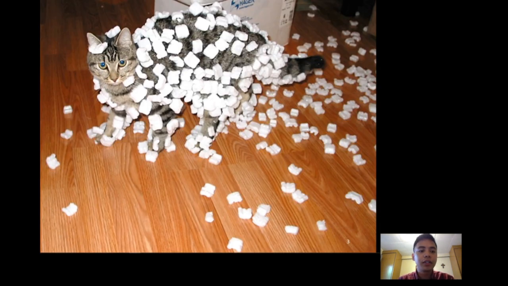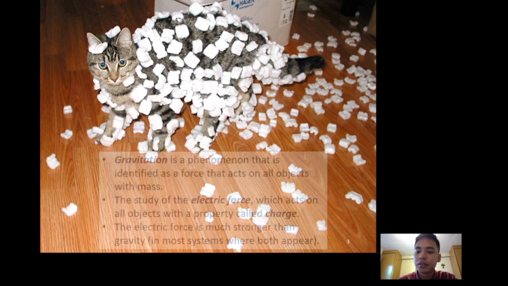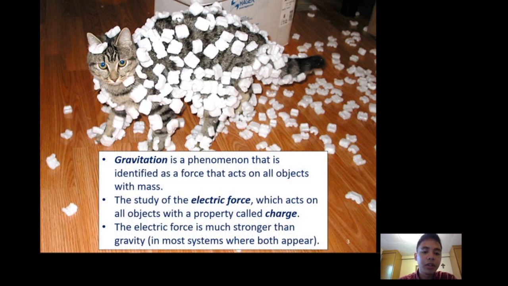So we encounter these things not only in this case, but in our life we see many things. When we have a paper and we put our hands on the table on top of the paper, gravitation is a phenomenon identified as a force that acts on all objects with mass.